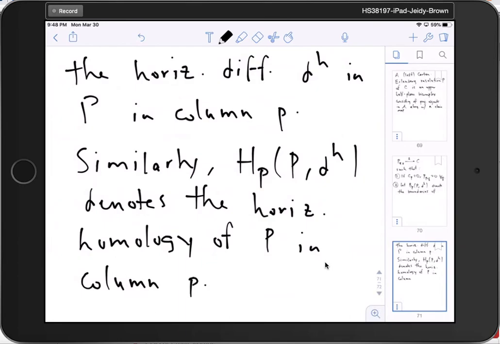Okay, so again, it's just the horizontal homology in position p of my bicomplex. Okay, so you should think of B_p and H_p as being columns lying over position p in the complex C. Okay, so far all I've done is introduce notation. So what is this requirement?